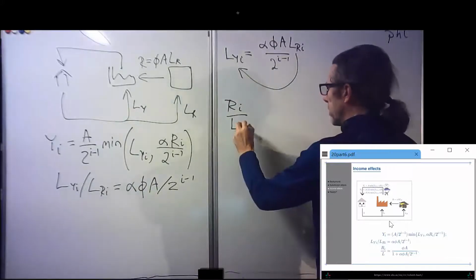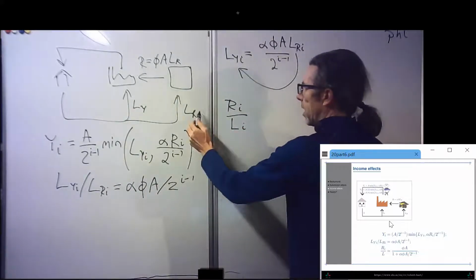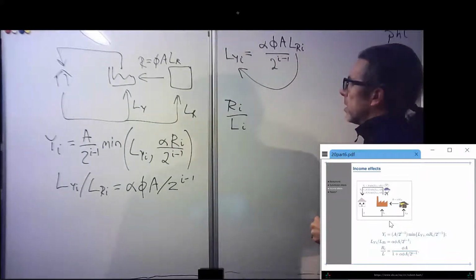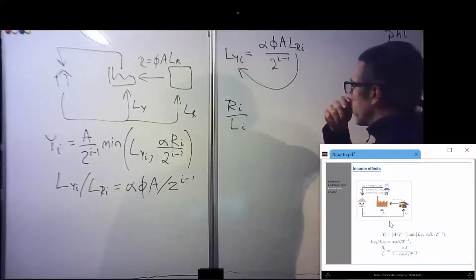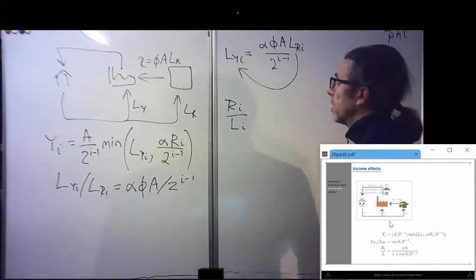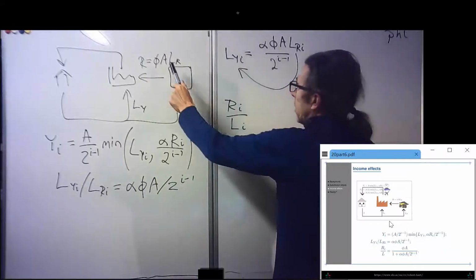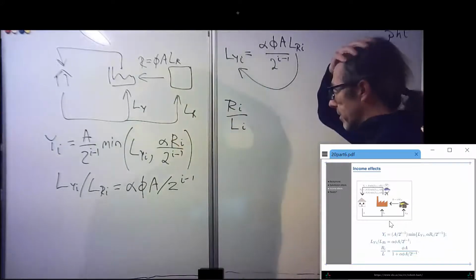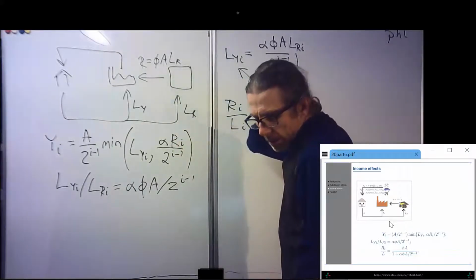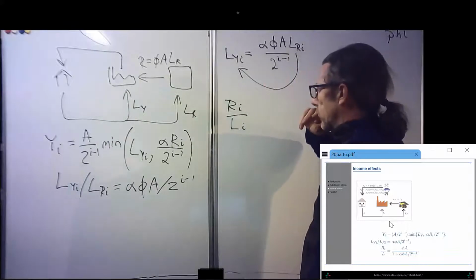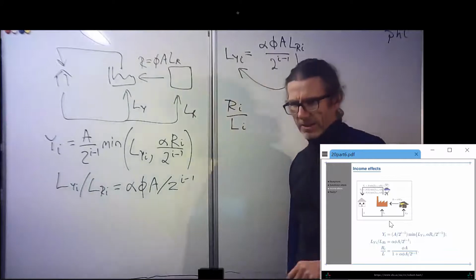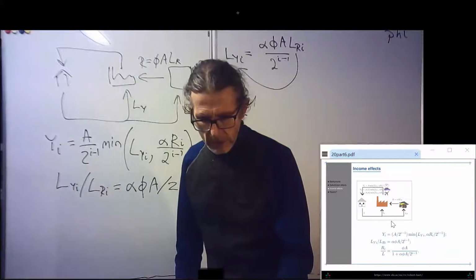My guess is that should be L_I, which is the sum of L_RI and L_YI. Let's see. So I'm getting tired here. I'm going to pause this and just think through what I need to do to get this result.